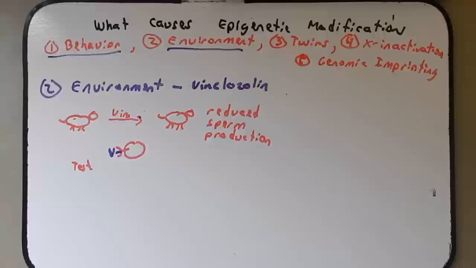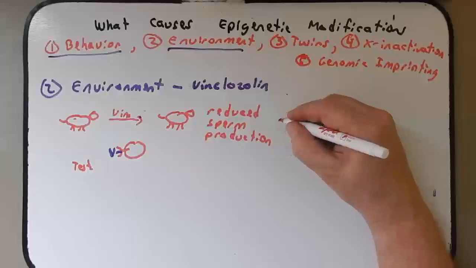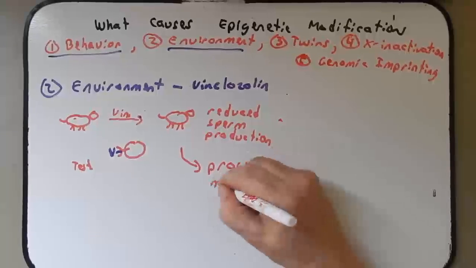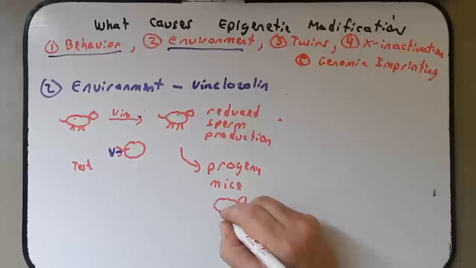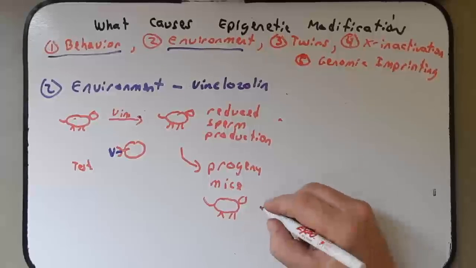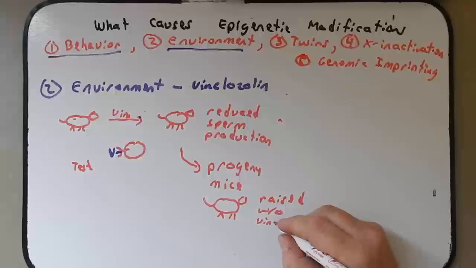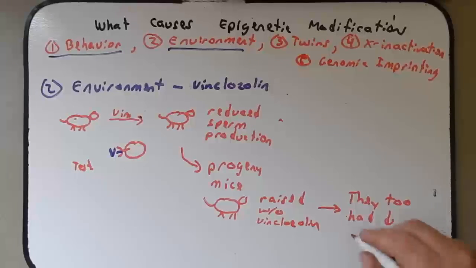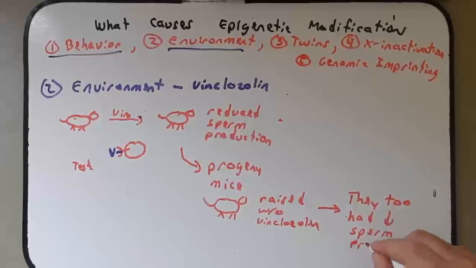But what is interesting is when they took mice from this mouse, so progeny mice, we'll draw our famous mice here, and these mice now were raised without vinclozolin, and they too had decreased sperm production.